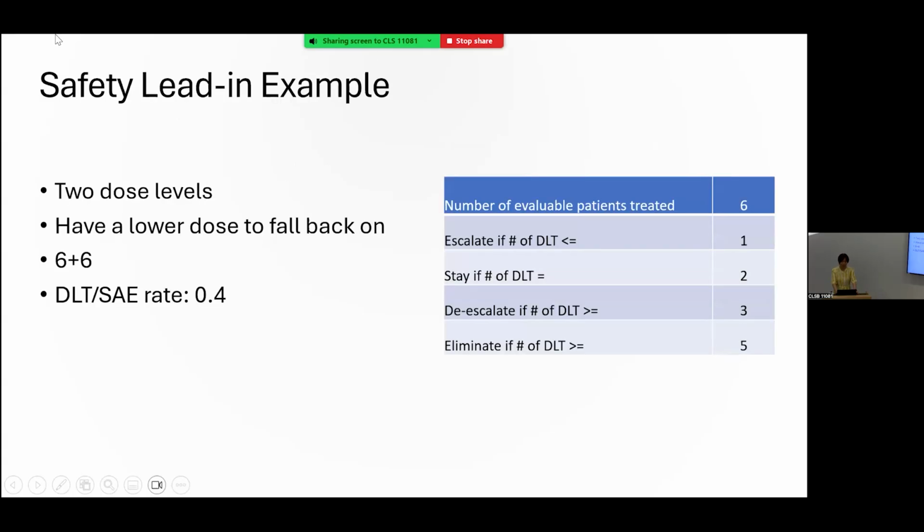Here is an example. I already have this recommended phase 2 dose, and I want to use that in my phase 2 trial. But we still have the concern that it might be too toxic, so we will have a lower dose level as a backup. We want to evaluate the toxicity of the first 6 patients in our study. And this time we want to evaluate serious adverse events, where we think the rate might be 40%.